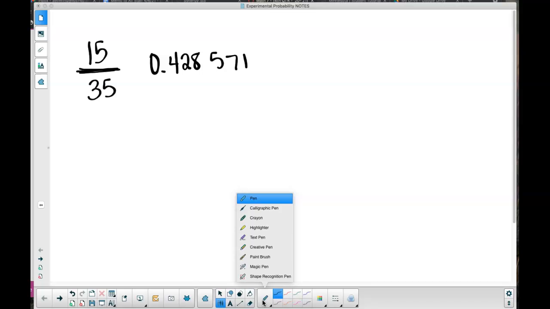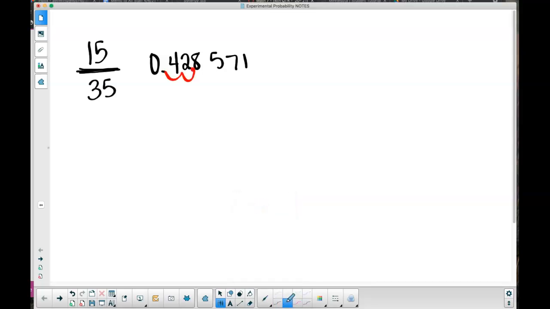Okay? So you're just going to take that decimal and move it over 2. And we're going to round to the nearest tenth. So this would be 42 point what percent? 42 point what? 0.9, because there's a 5 right here that would make this a 9. So 42.9%.